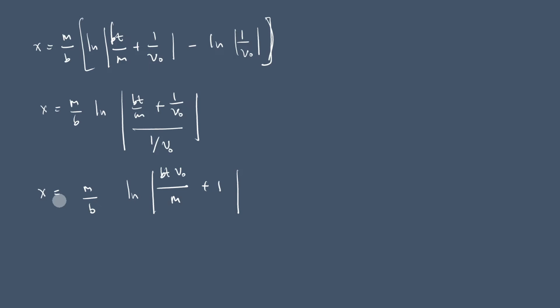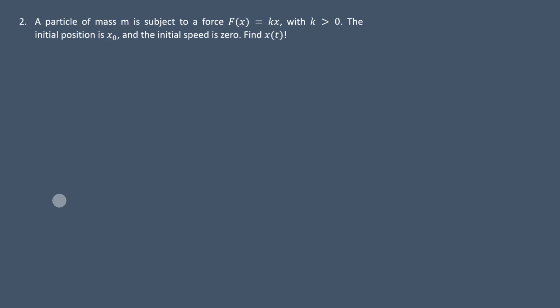So let's move on to the second problem. A particle of mass m is subject to a force F as a function of x equals kx, with k greater than 0. The initial position is x0 and the initial speed is 0. Find x as a function of t.